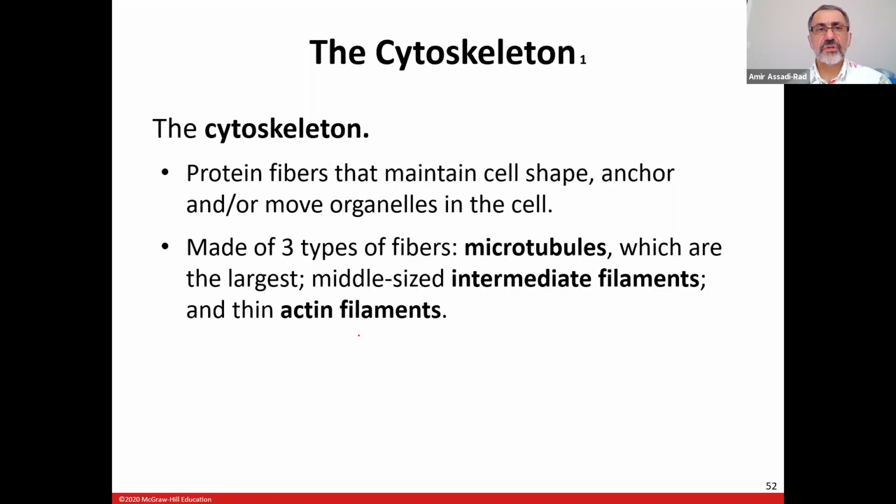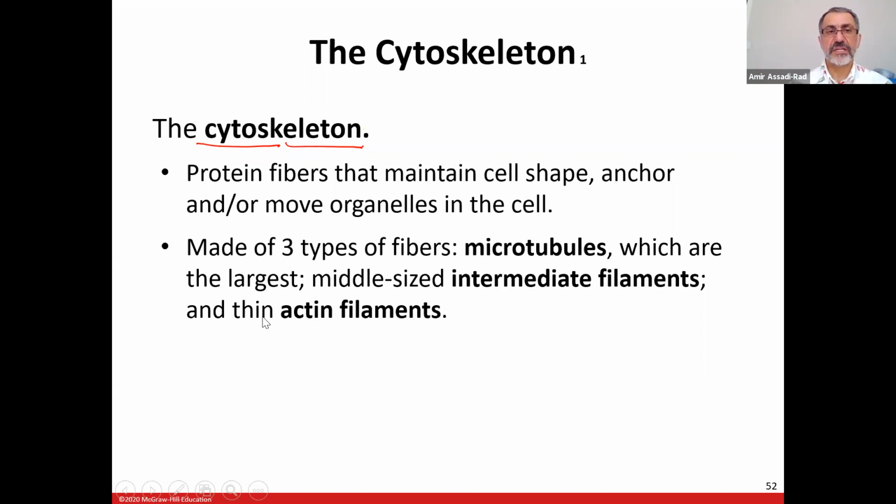Cytoskeletons. Cyto, as you know, means cell, and the skeleton is like your bones. It holds up the cell, okay? There is not much of it in plant cells because they have a cell wall, but in animal cells, our cells, we have three different types of cytoskeletons: microtubules, intermediate filaments, and thin filaments.